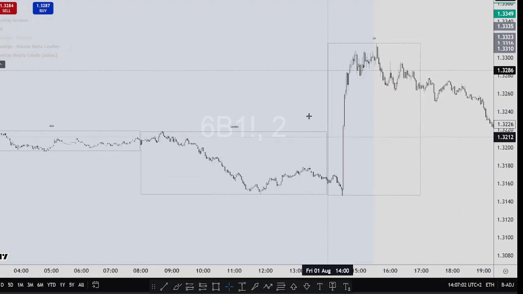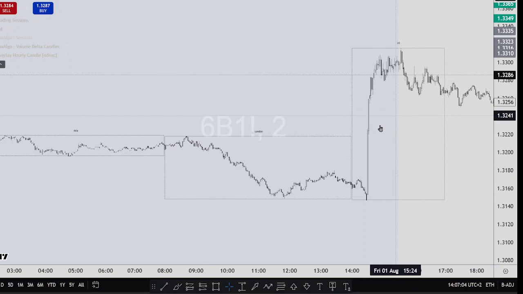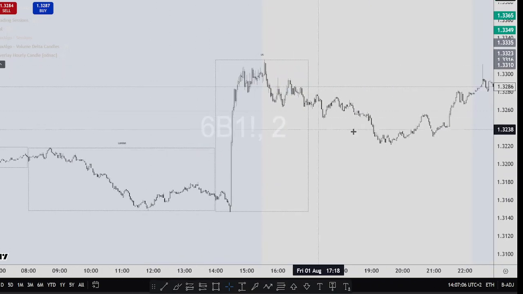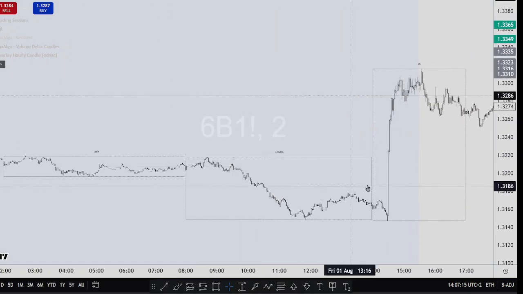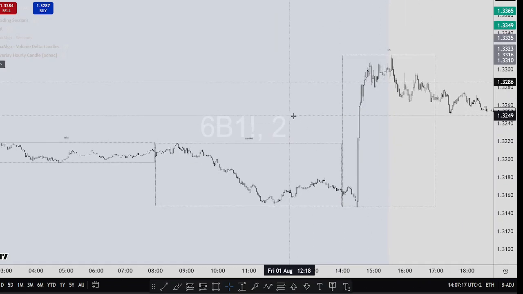So we have these 3 blocks of energy. The US should be all the way to here, to the white line. So if price comes outside, the idea is if we find a reversal, we go with that and we target the other side.